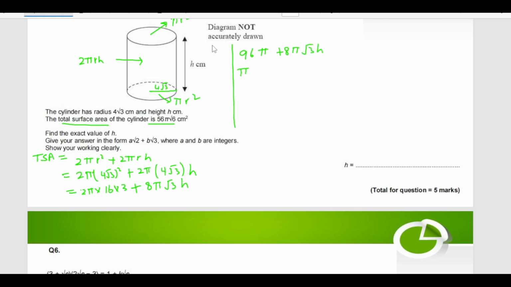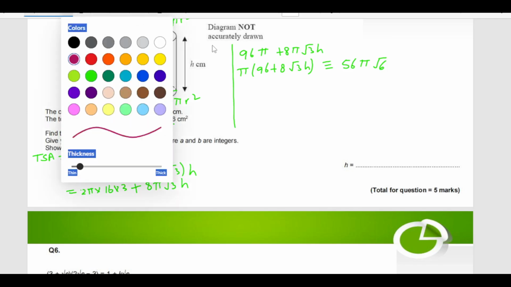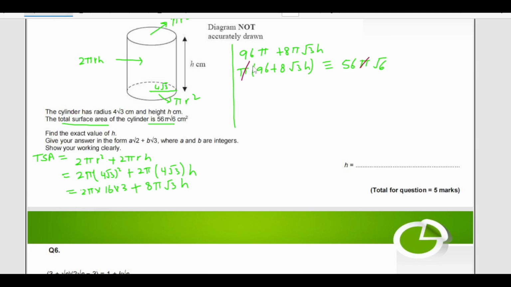So pi is common from here, so it is 96 plus 8 root 3, then we have h here, and this is equivalent to 56 pi root 6. Okay, so now if you look around here, this pi and pi get cancelled, so we have now 8 root 3 h equals root 6. So h is going to be root 6 over 8 root 3.